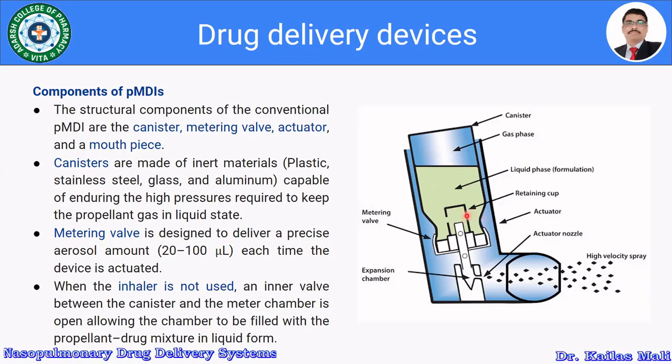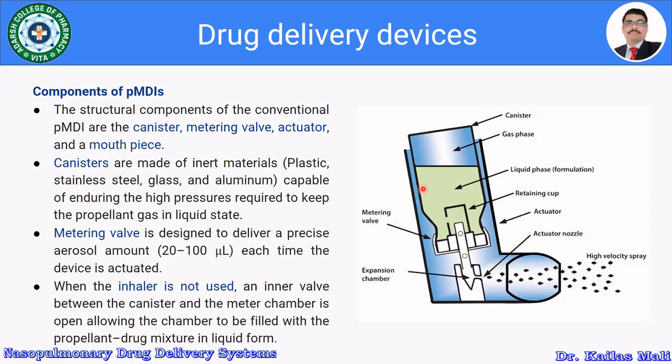This is the retaining cup, here is the actuator, here is the actuator nozzle, this is the high velocity spray, this is the mouthpiece, here is the expansion chamber and this is the metering valve. The structural components of conventional pressurized metered dose inhalers are the canister, the metering valve, the actuator and the mouthpiece.